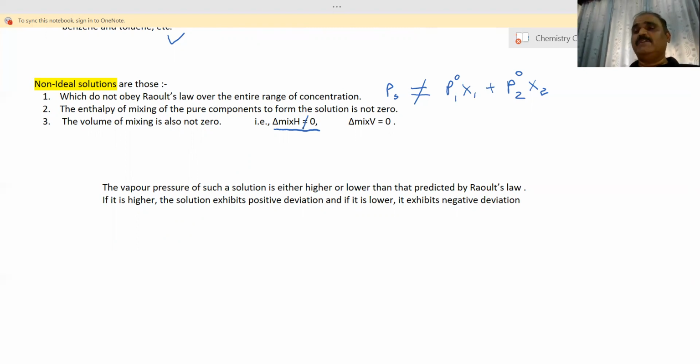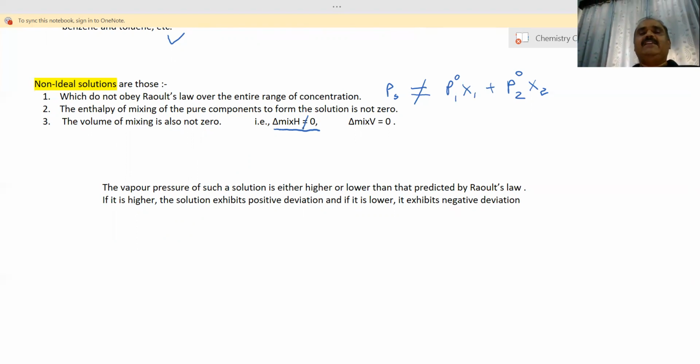Because mixing of sulfuric acid into water is an exothermic process, heat is released. Why? You will get to know shortly. Similarly, when we dissolve glucose in water, the water gets cooler because that process is endothermic. Why? You will get to know.